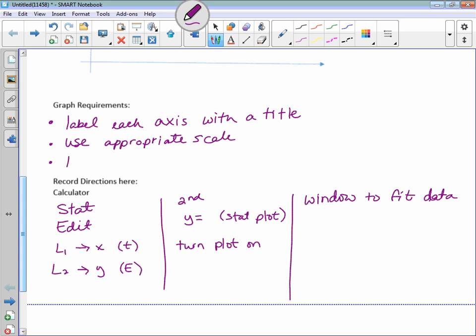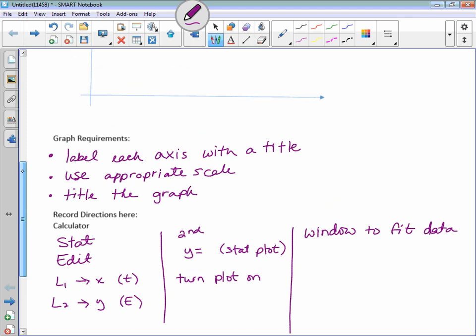And you have to give an overall title for the graph, so title the graph. All right, so let's try to draw this one.